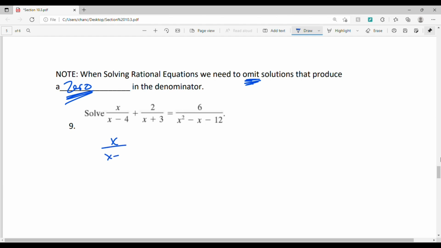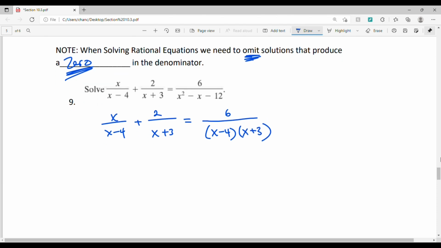I am going to start by factoring the denominators. If you look, the denominator on the right here can be factored as x minus 4 times x plus 3. And that gives me a chance to find the LCD. The LCD is all of the denominators together. So we have an x plus 3 and an x minus 4.